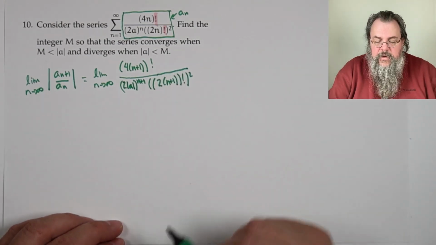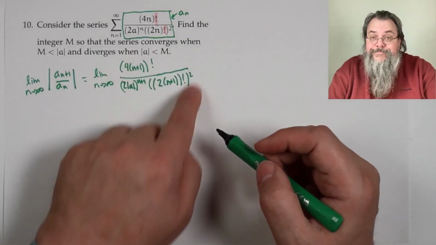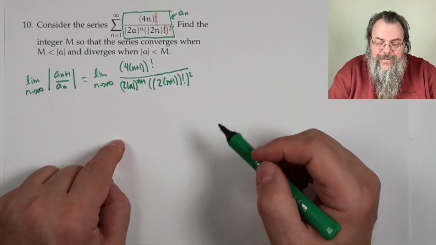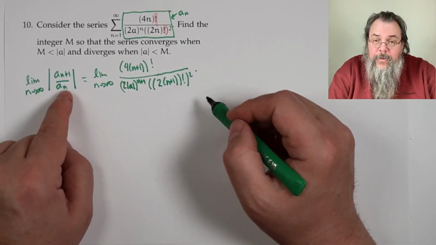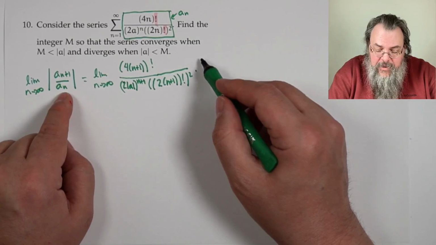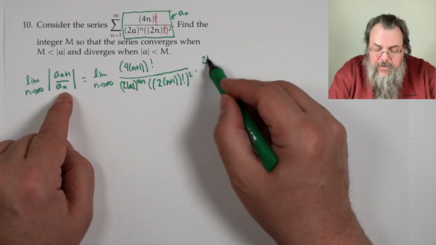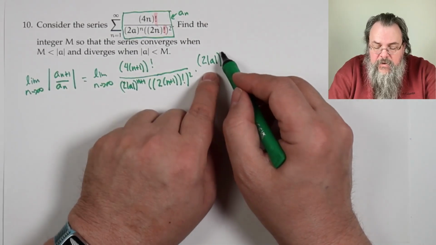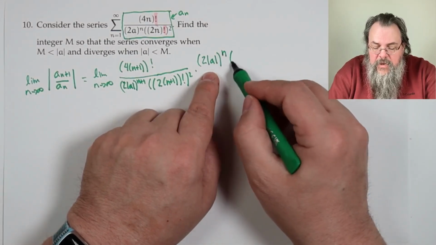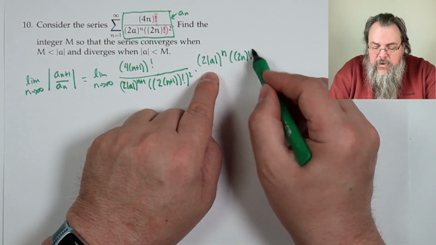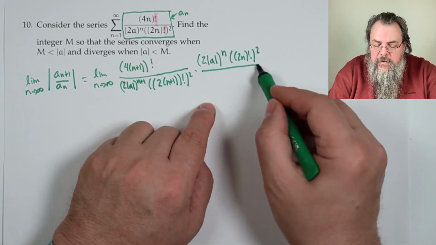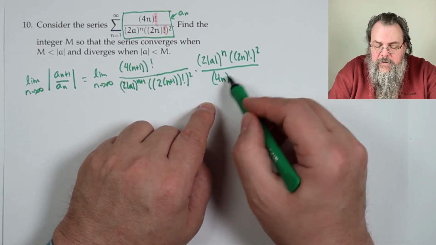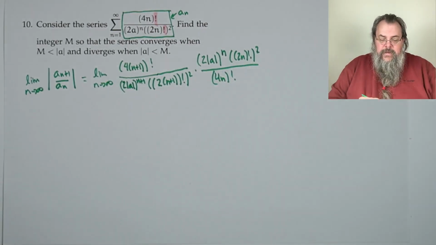Okay, there's a sub n plus 1 absolute value, times the reciprocal of a sub n. So we're flipping things, and again, absolute value comes into play. The only thing it affects is that a. So 2 absolute value of a to the n, 2n factorial squared, 4n factorial.